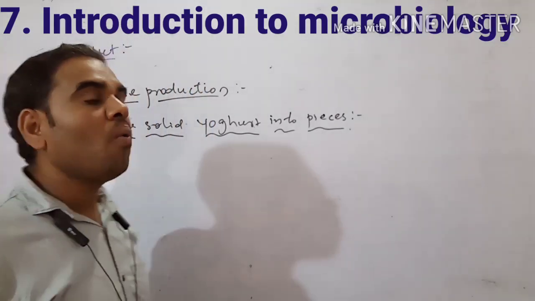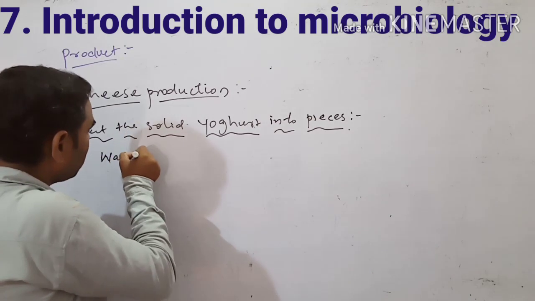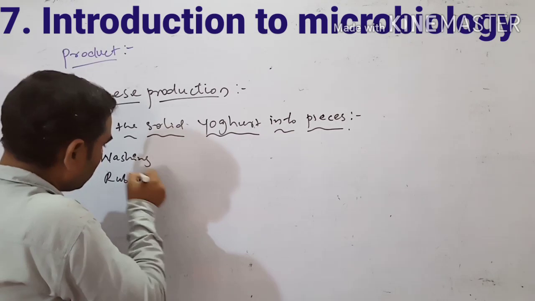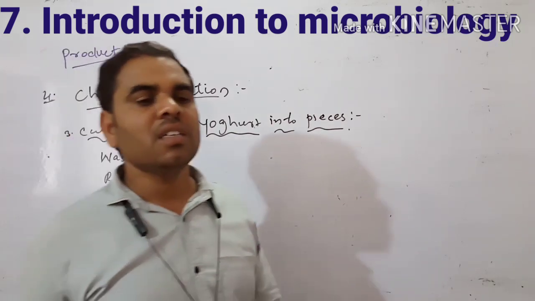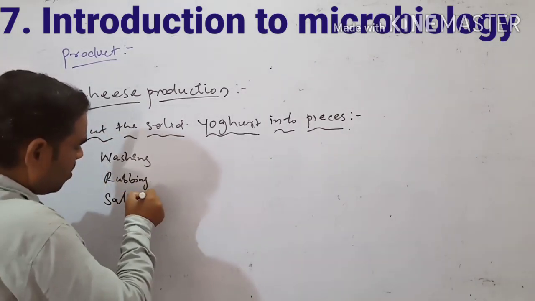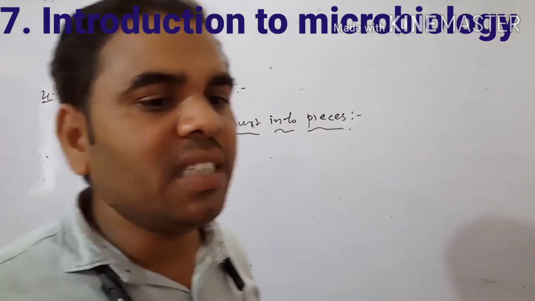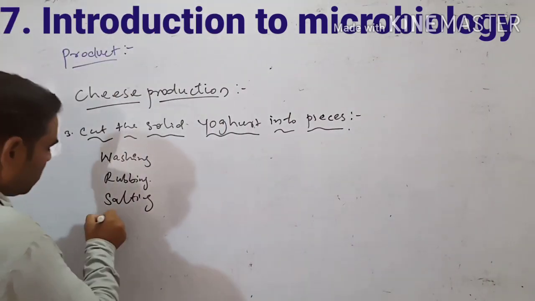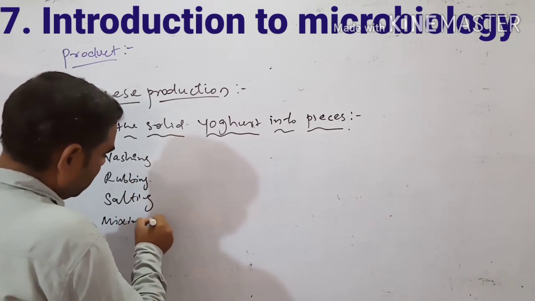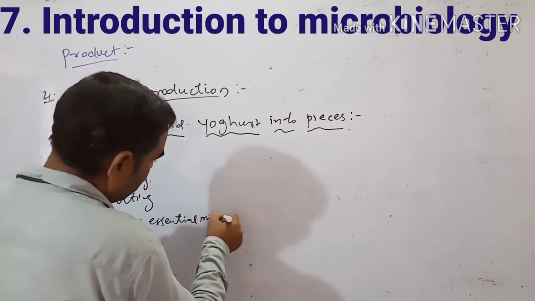With solidification, we cut it into pieces. First we wash, then rub. Next we see the salting, adding and mixing essential microbes.